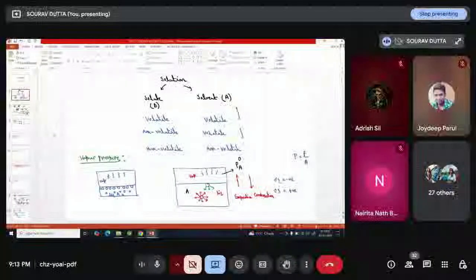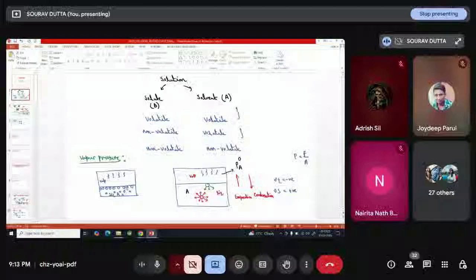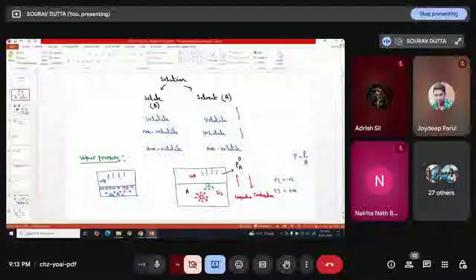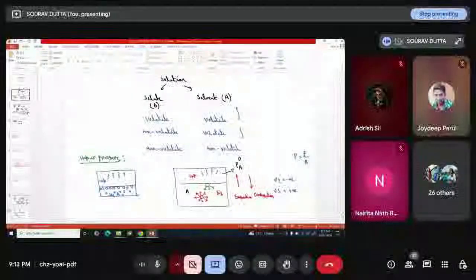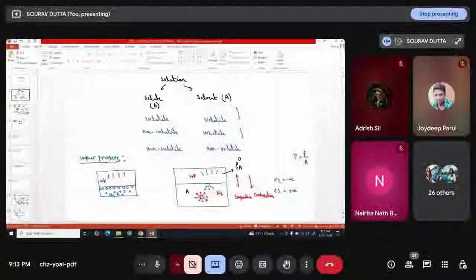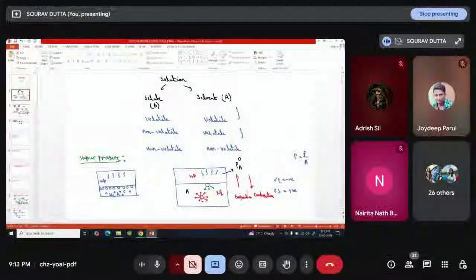So a liquid molecule can be vaporized and converted into vapor. Simultaneously, some vapor molecules will condense into liquid form. So one step is vaporization, or evaporation. You can say evaporation. The more appropriate term is evaporation, not vaporization.